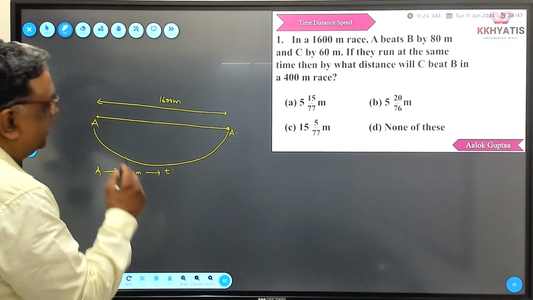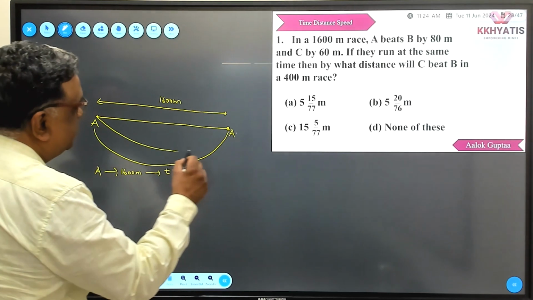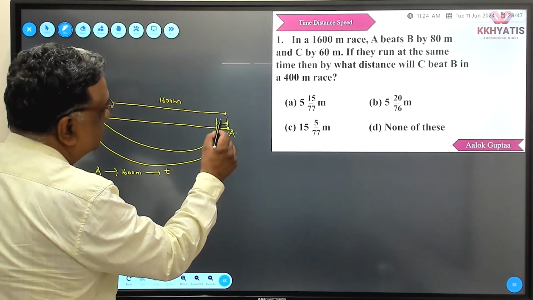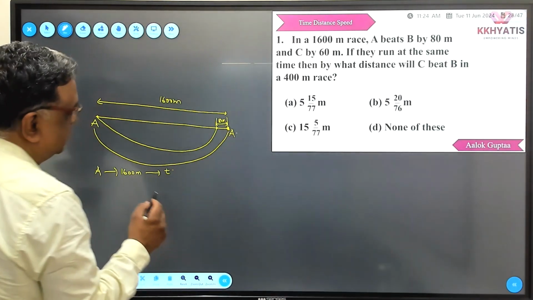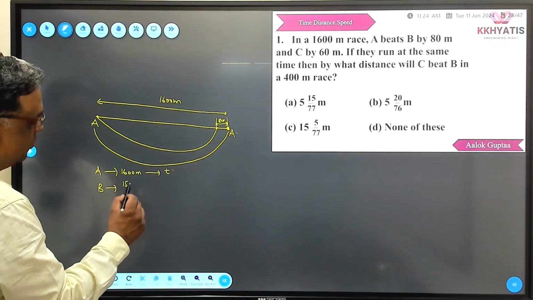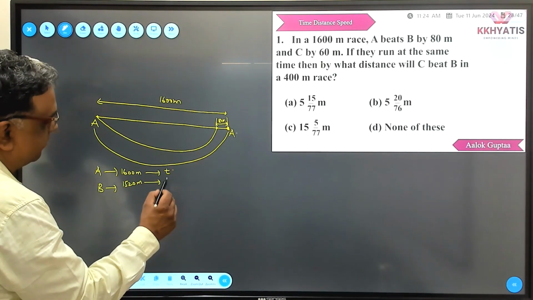And A beats B by 80 meters, which means B must have covered 80 meters less. So B covered 1520 meters in the same time.